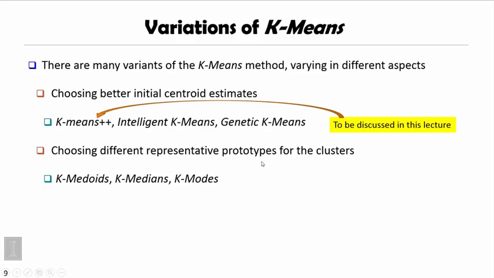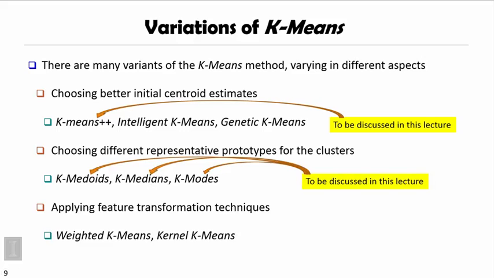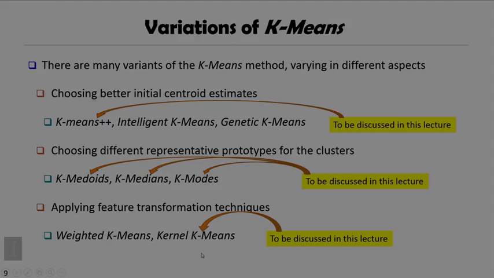That means we may not use the mean point, but may use k-medoids, k-medians or k-modes. We are going to introduce these in the subsequent discussion. Another thing is how to apply feature transformation techniques so we may be able to cluster things even when they are not in convex shape. For example, there are methods called weighted k-means or kernel k-means. We are going to introduce the kernel k-means method.